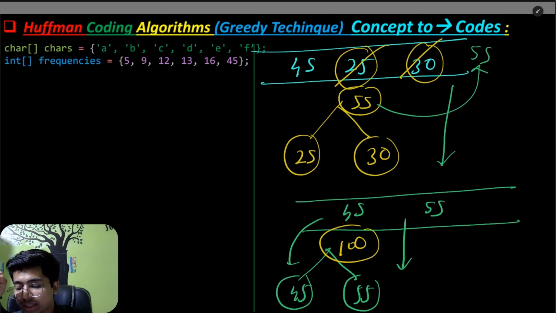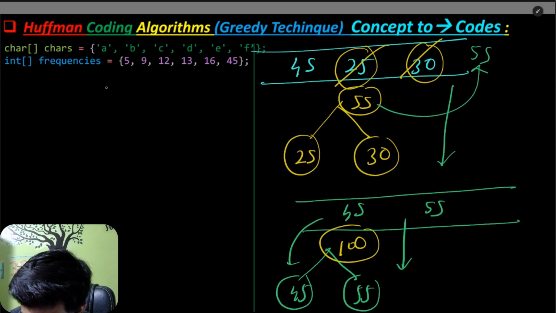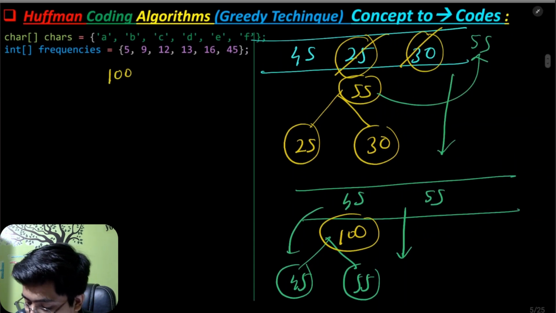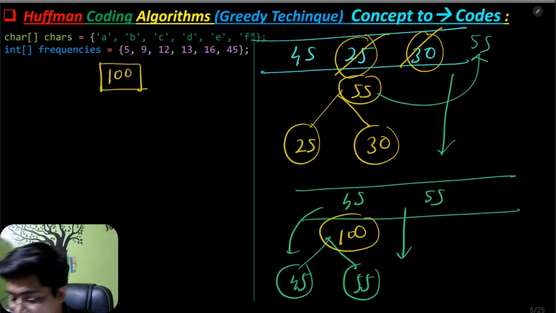So if you want to form the large tree, it becomes something like this: 100. As we see, we have gotten 100 here. So first we write it like this: 100. Then after 100, on the left side we have 45 and on the right side there is 55.